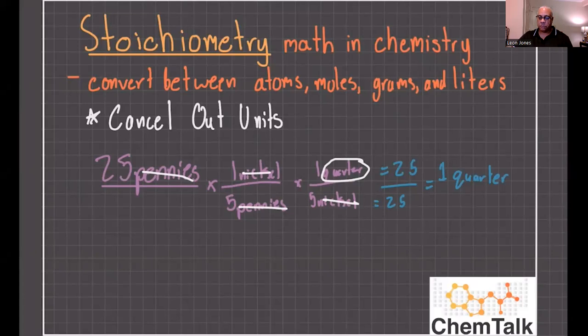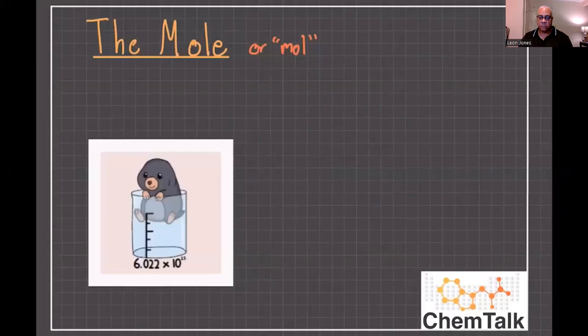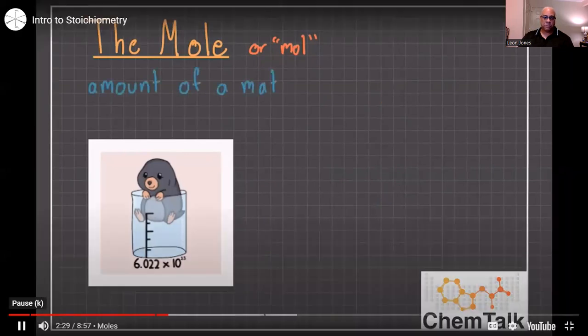This is the general idea of stoichiometry in chemistry. We exchange units using conversion rates until we reach our desired answer. In order to use stoichiometry effectively, we need to learn the most important and common conversion tools. In chemistry, we often refer to amounts of things in moles or moles, spelled with or without an E. This is because samples in chemistry contain a large amount.